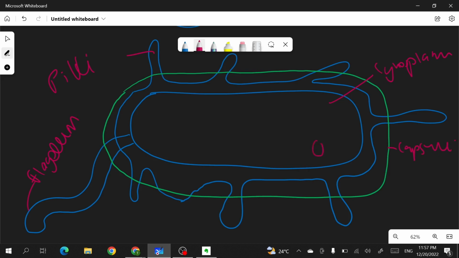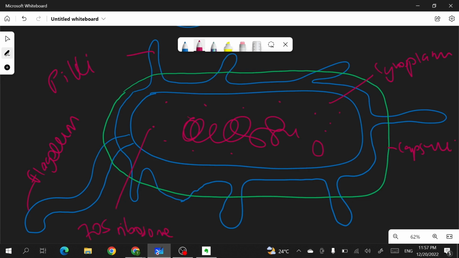There you've got the ring, the DNA, and the small 70S ribosome.